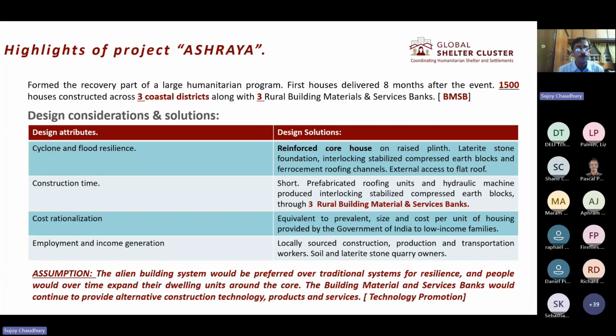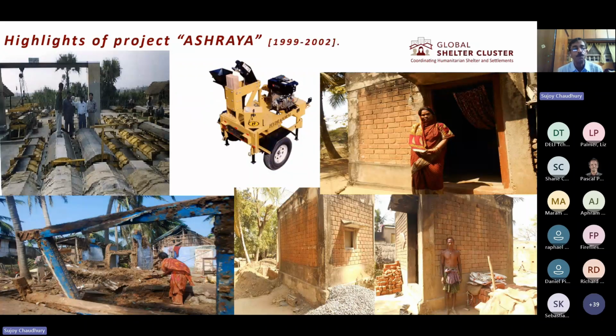Now, while this project went on to get some international awards and everything, which was fantastic, let me take you through some of the initial pictures. These were 1999 to 2002. The project took more time than we actually thought it would, because it was difficult for us to go down there and put up these systems for prefabricating.